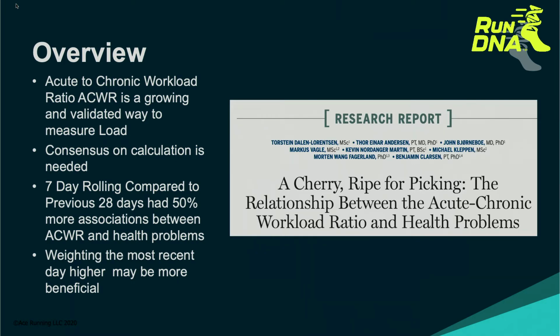When this study aggregated data across studies, they showed a 50% association between acute to chronic workload ratios and health problems when comparing the 7-day rolling average versus the average for the 4 weeks preceding that.